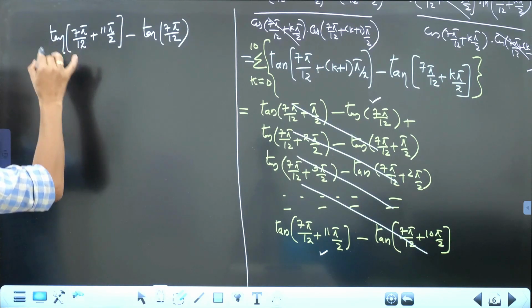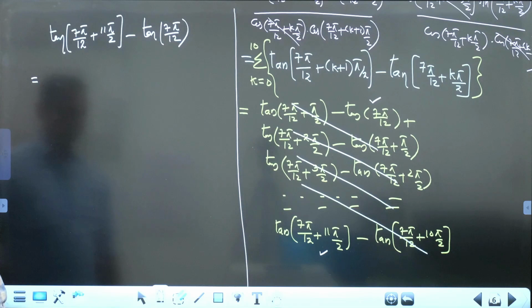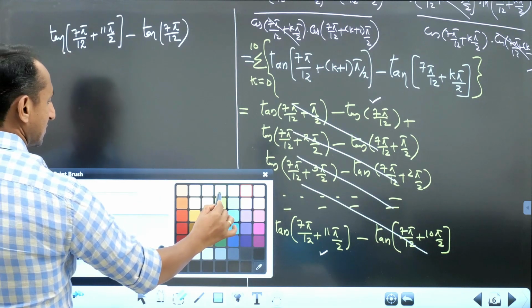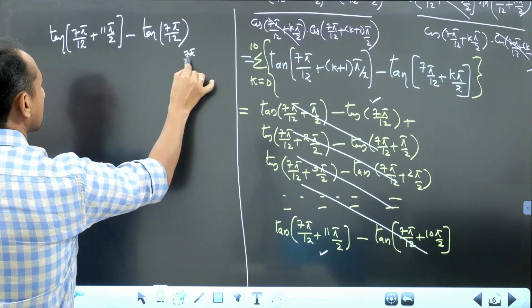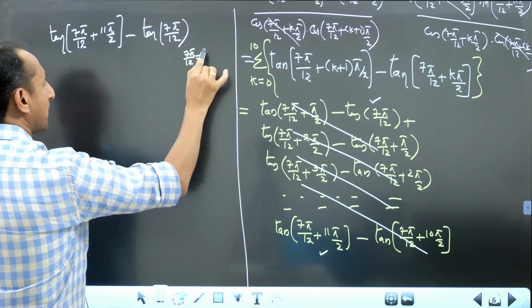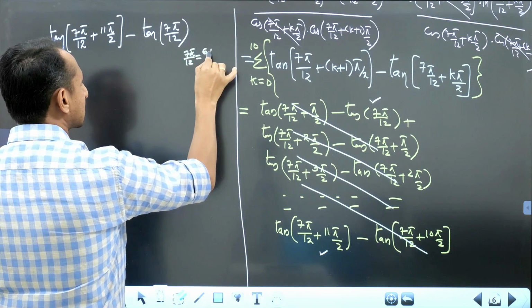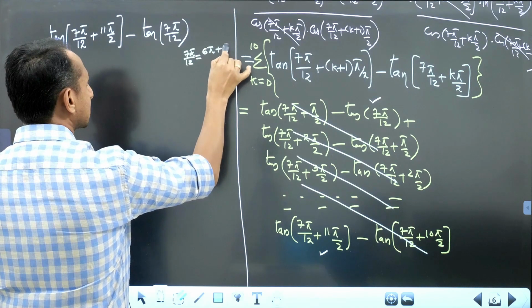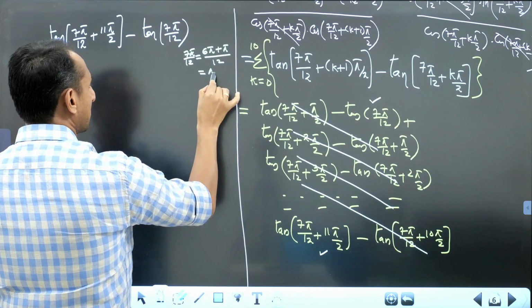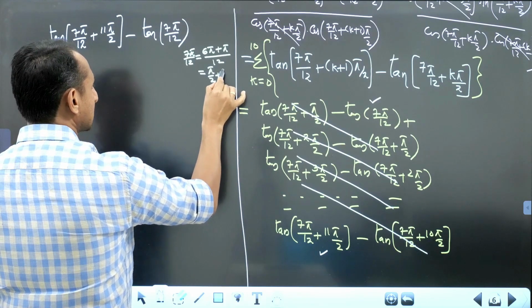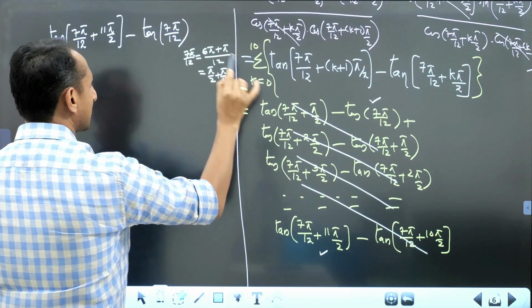I write this 7π/12 as 6π/12 plus π/12, which becomes π/2 plus π/12.